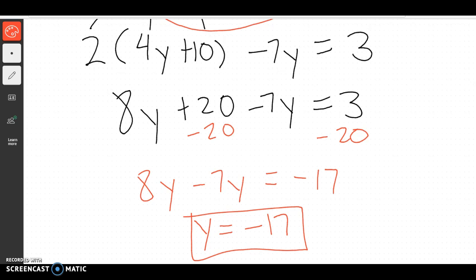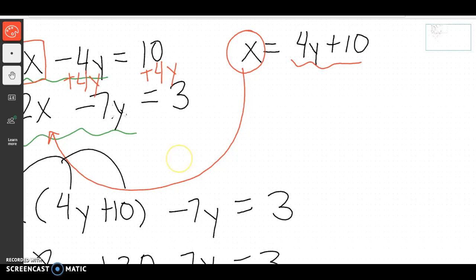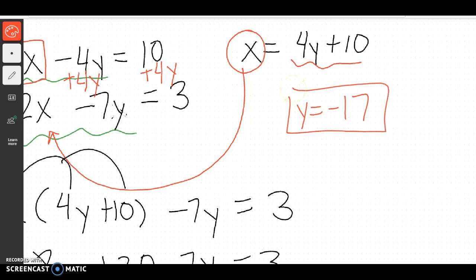Well, if y equals negative 17, let's move up to see what our previous equation is. We could take this and try to figure out what x is. So y equals negative 17. Try to figure out what x should be before I finish solving this. So what I should do is take this negative 17, plug it in here for y.